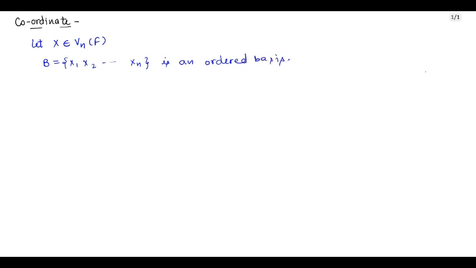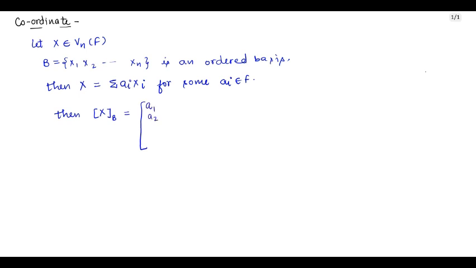Then x must be a linear combination of the elements of the basis: x equals c1 x1 plus c2 x2 and so on, where the constants a_i come from the field F. Then we denote x corresponding to the basis B, and we get a vector a1, a2 and so on up to an.